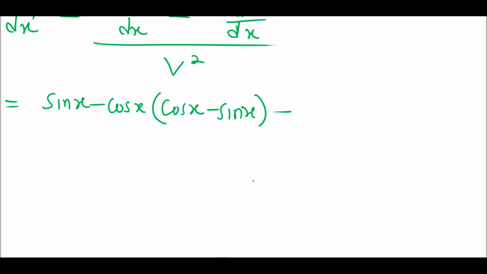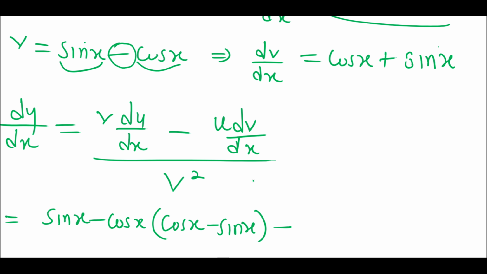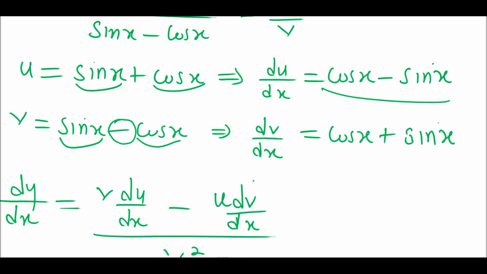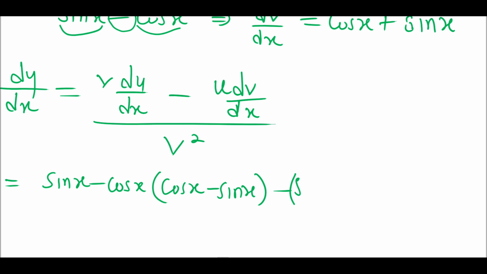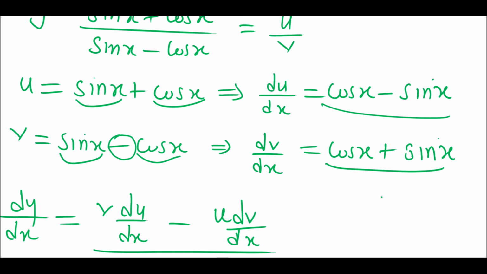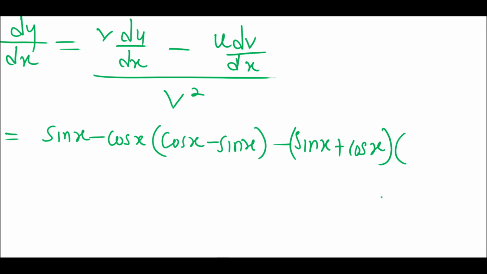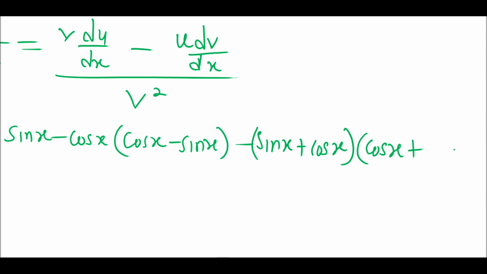Then minus our u, the original u. So the u itself is sine x plus cos x. And this will also multiply the dv dx. So our dv dx is cos x plus sine x.